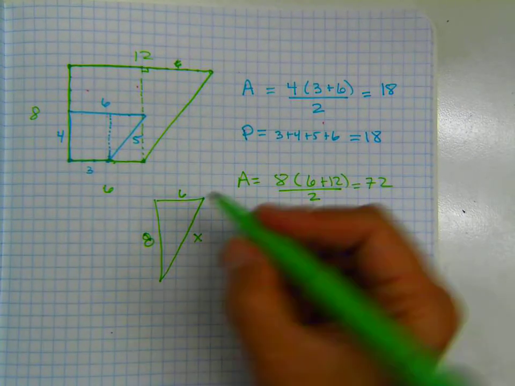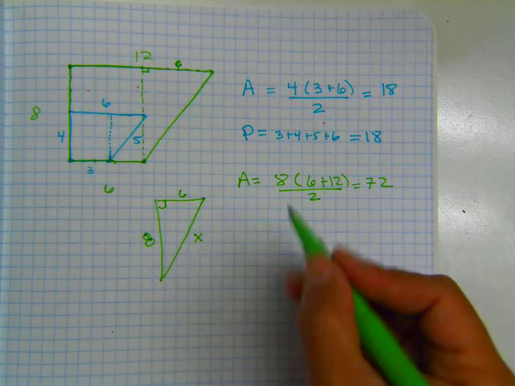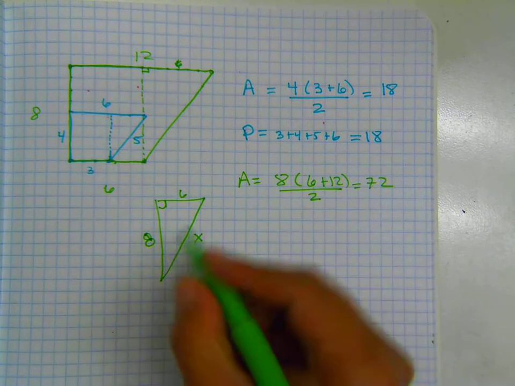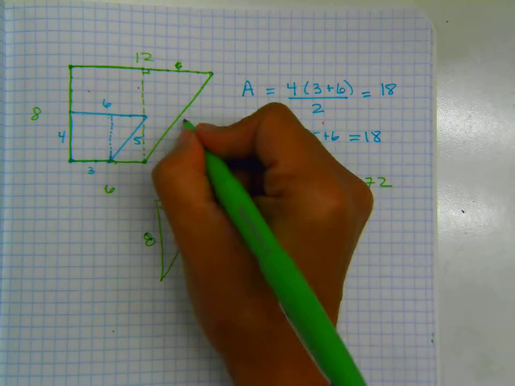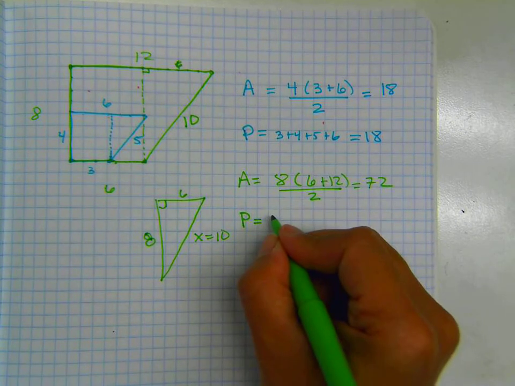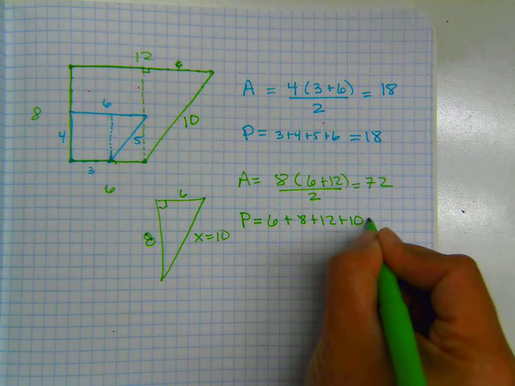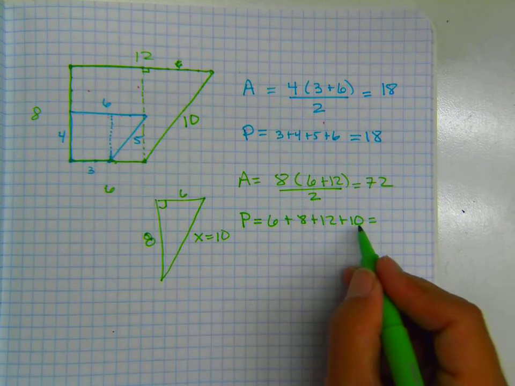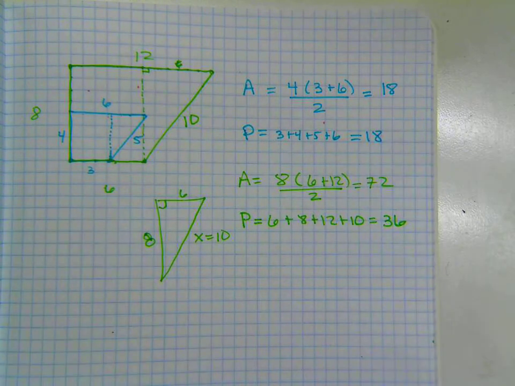So this is actually a multiple of a 3, 4, 5, or you could use Pythagorean's theorem. But this does come out to be 10. So it actually doubles this side too. So that's good to know. So now the perimeter is going to be 6 plus 8 plus 12 plus 10, which is going to be 10, 20, 36. All right, so now I have the area and perimeter of both objects.